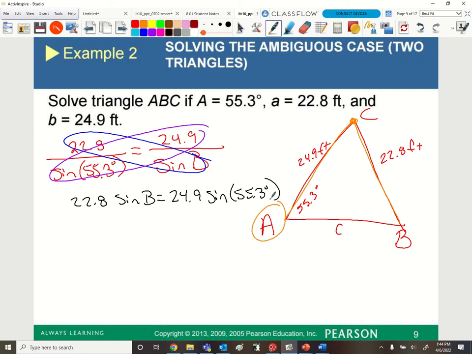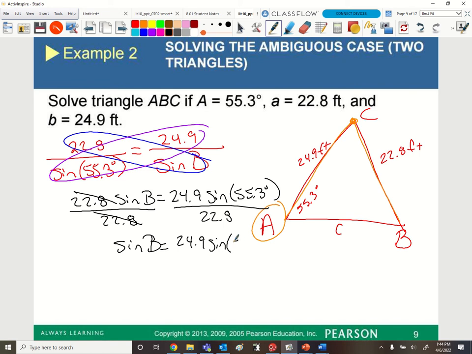To get sine by itself, I'm going to divide both sides by 22.8. So sine of big B is equal to 24.9 sine 55.3 degrees over 22.8.